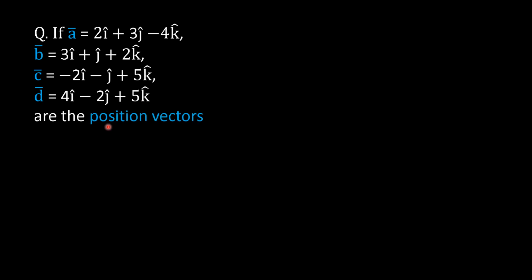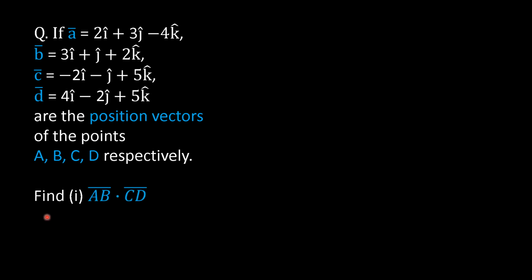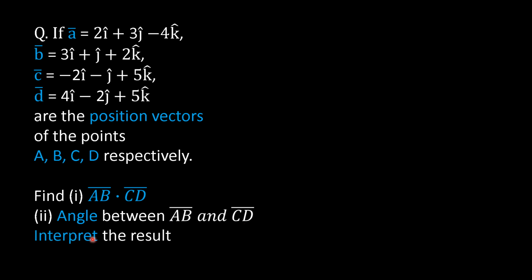These are the position vectors of the points A, B, C, D respectively. Then we have to find number 1, AB bar dot CD bar, number 2, the angle between AB bar and CD bar, and finally we have to interpret the result.